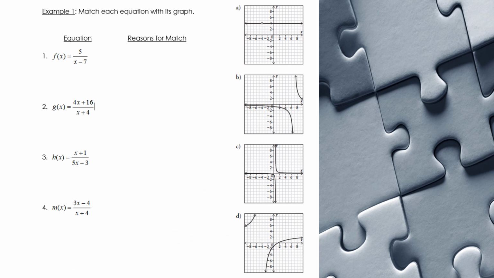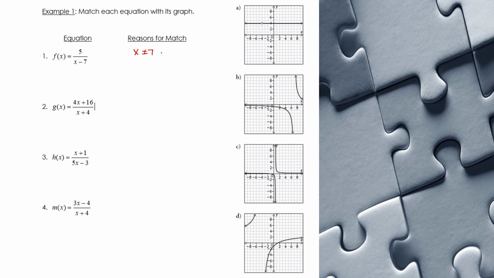Example 1. Match each equation with its graph. Okay, so these ones aren't too hard. You can almost use trial and error to figure out which equation goes with which one, but we're going to put some reasons here just to summarize. If I look at the first equation, the first thing I see is it has a restriction on the denominator that x cannot equal 7.